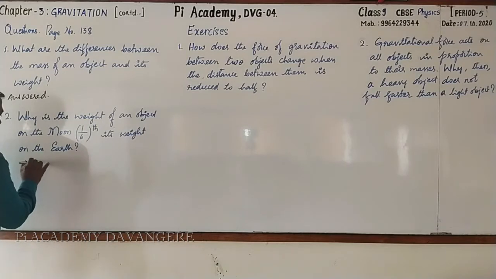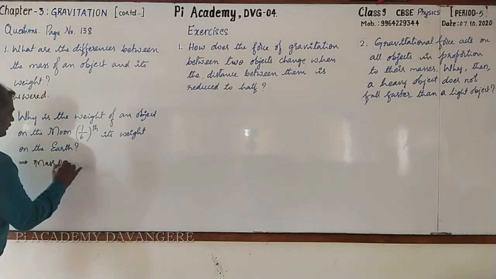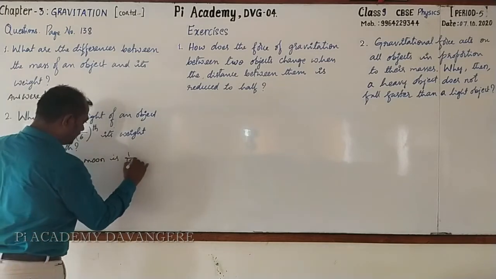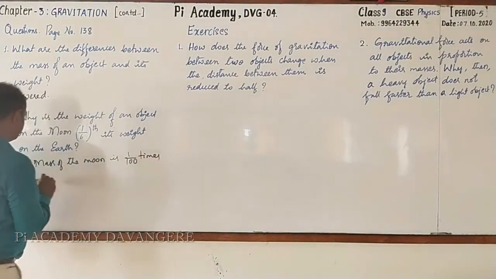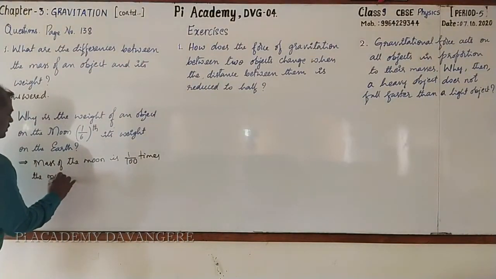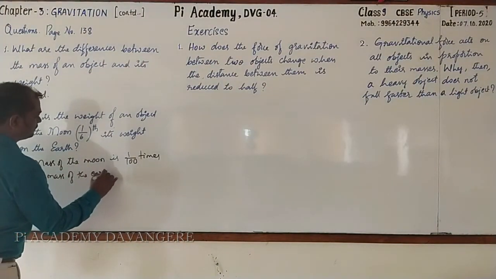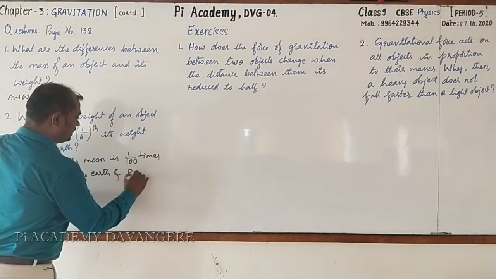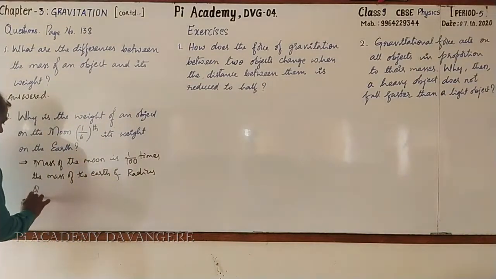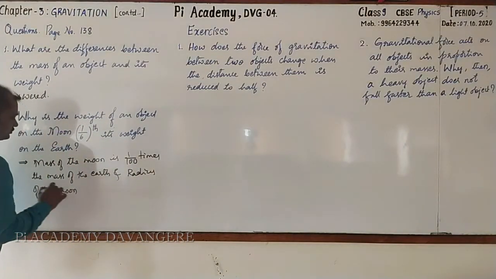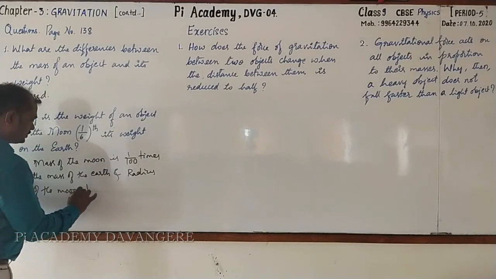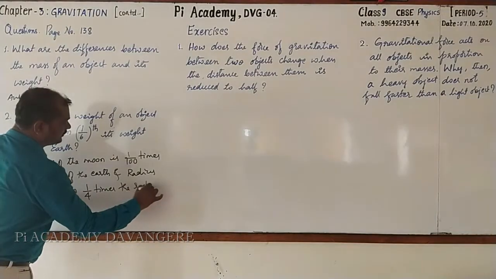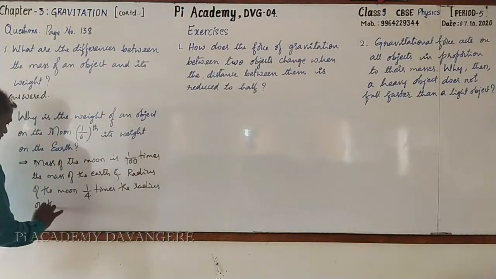So here I write, mass of the moon is 1 by 100 times the mass of the earth, and radius of the moon is 1 by 4 times the radius of the earth, right?